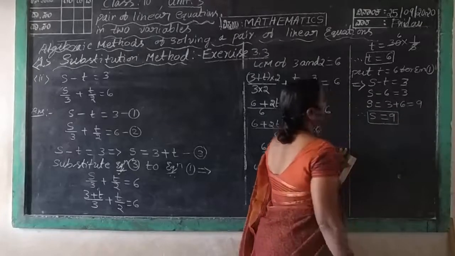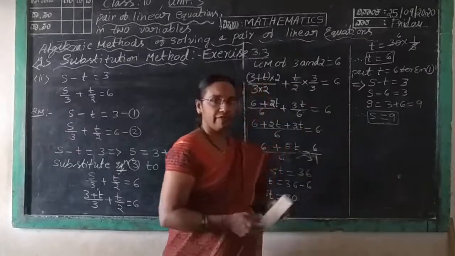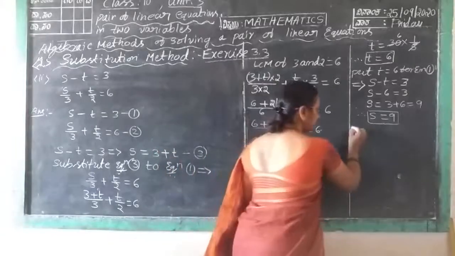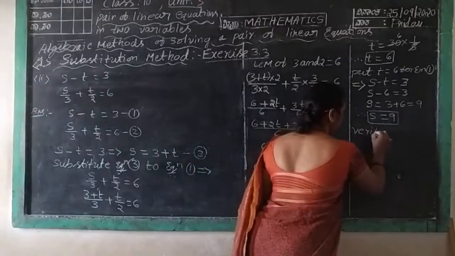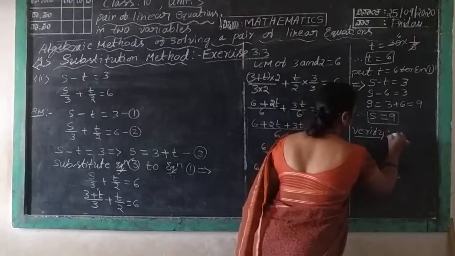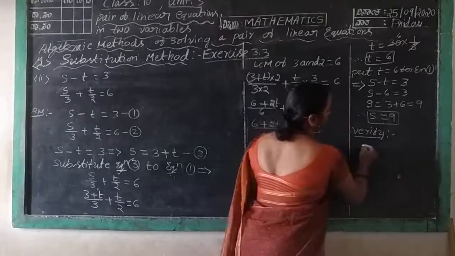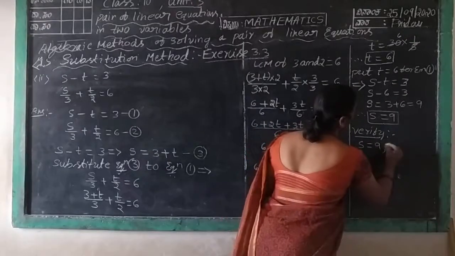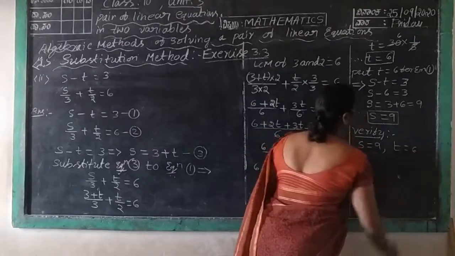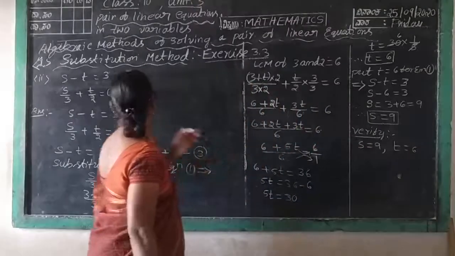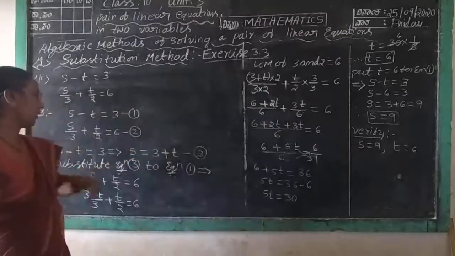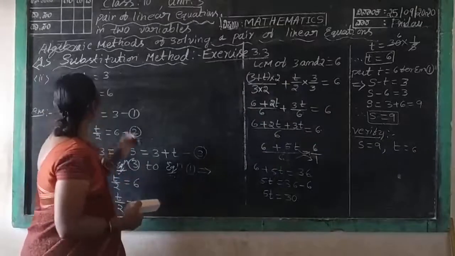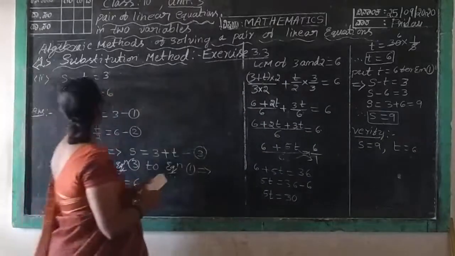Then we have found the two variable values. Then verify the answer for your problem. We have found that the s value is 9 and the t value is 6. Substitute the values into any of equation 1, 2 or 3 for verification.